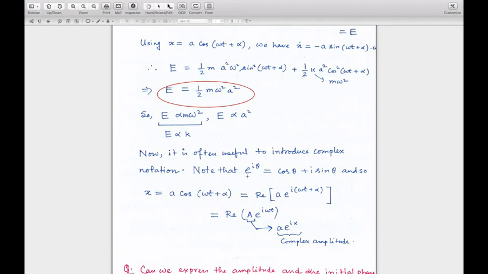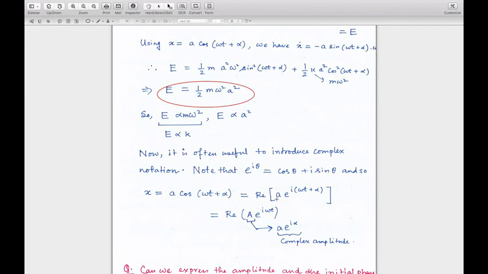So x equal to a cos(omega t plus alpha) can be written as the real part of a times e to the power i(omega t plus alpha). Here the cos part is there, so I can just take the real part of this e to the power i(omega t plus alpha), so that I have the cos term finally.